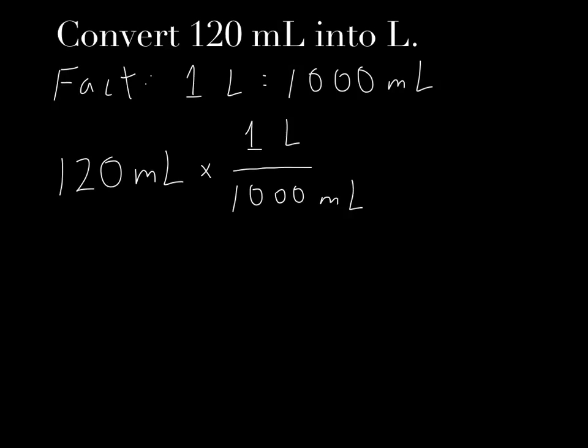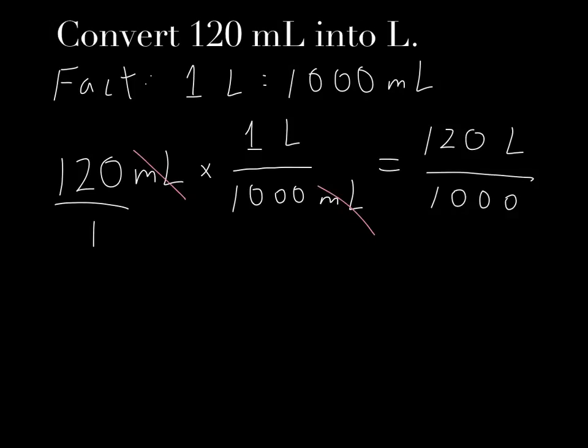Now it's a little bit tougher to see how things cancel here, but they still do. Milliliters goes with milliliters. Those are gone. So let's see what we got when we're done. We've got 120, if you need to, think of that as 120 over 1. Top times top is 120 liters on the top, and 1 times 1,000 is 1,000 on the bottom. Obviously, we can do something better than that.